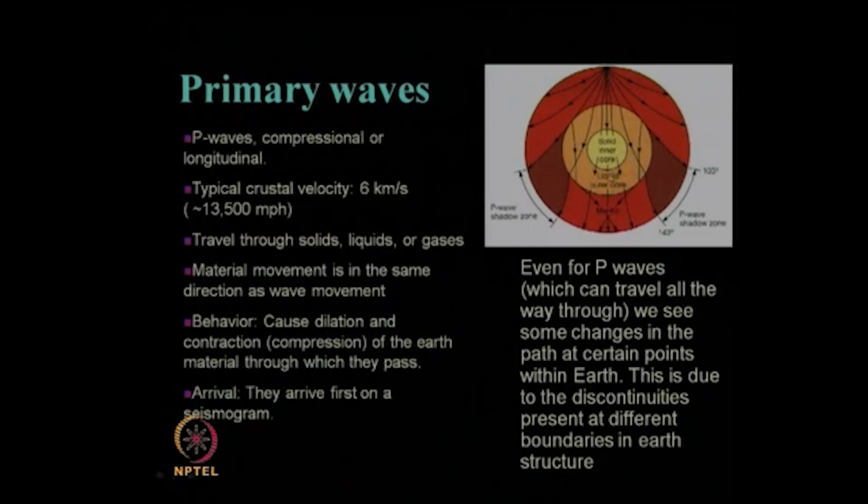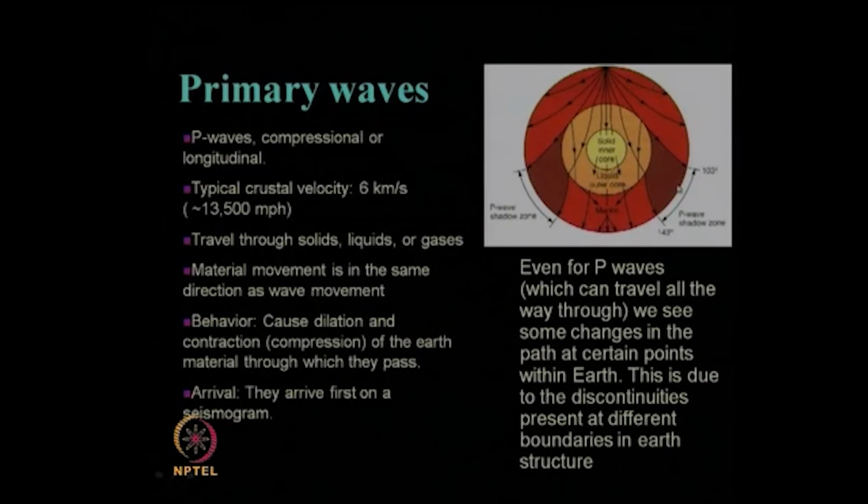Finally, when these waves come out from the other side of the earth, that is the 180-degree opposite part, some waves further get transmitted from the outer core to the mantle. Now, our seismographs are located all around the earth.